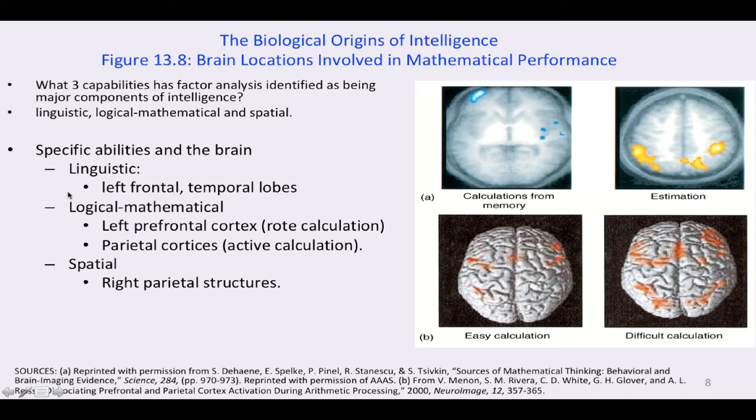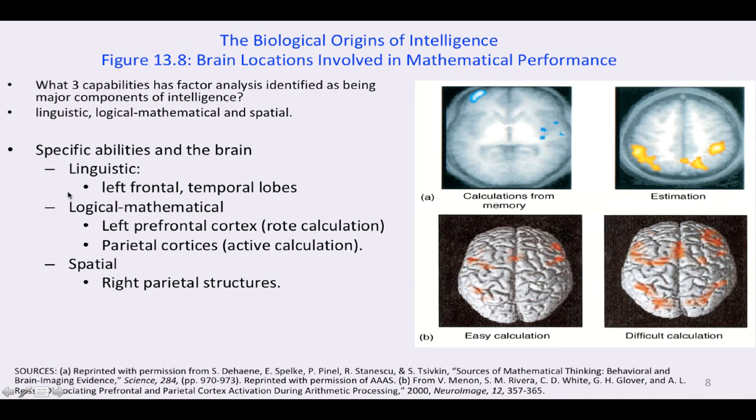So if you're a right-handed person, you're pretty certain that for you, language will be more concentrated in the left hemisphere. But if you're a left-handed individual or you're ambidextrous, there's just a lower certainty that for you it's also left hemisphere. And we know that the frontal lobes are certainly important in language, and the temporal lobe, right? So left frontal and the temporal lobes are involved in linguistic abilities.